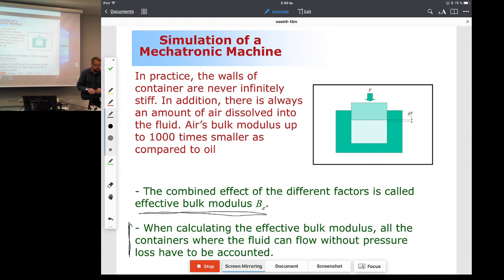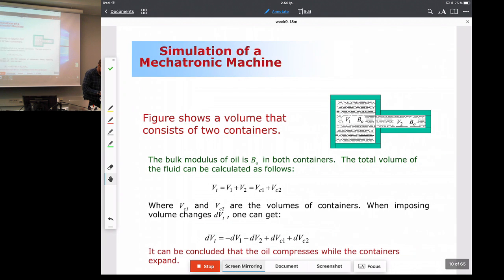Clear? All clear. Okay, so let's go on. Always we can take a look at the effective bulk modulus. What I'm going to do is modify the experiment so that I use a system that consists of two containers connected together such that there are no pressure losses.